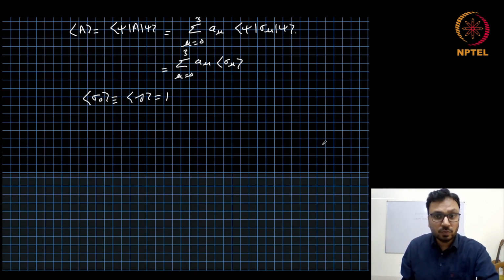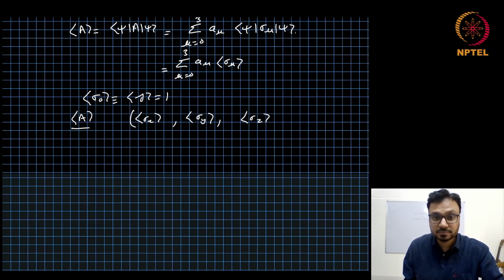So we are left with the expectation value of A depending on the sigma x expectation value, sigma y expectation value, and sigma z expectation value, and of course the a mu's, the coefficients of decomposition.